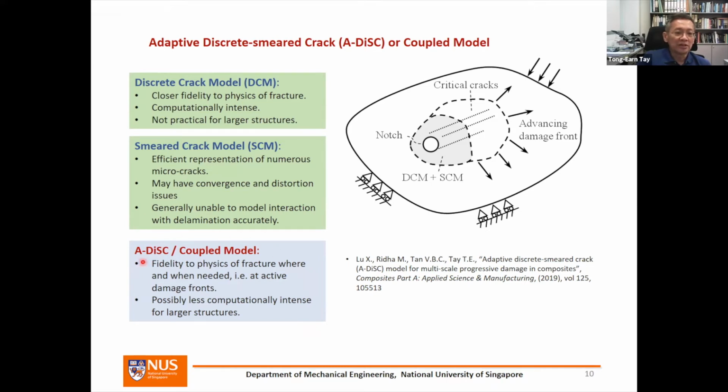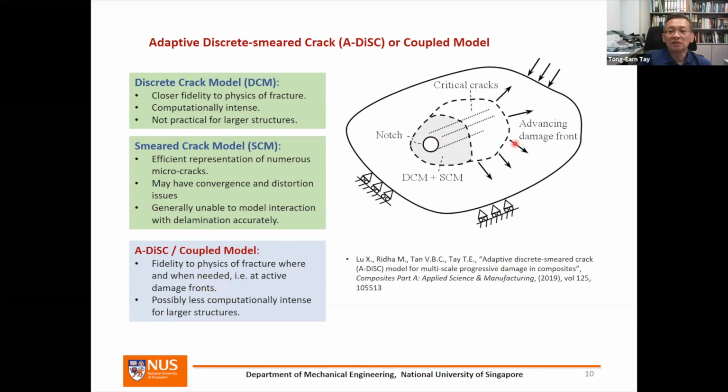So recently, we've proposed an adaptive discrete smeared crack model, or coupled model. This means that we want to preserve the fidelity of physics where and when it is needed.